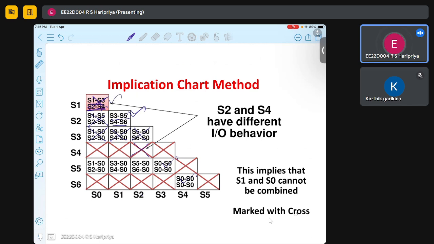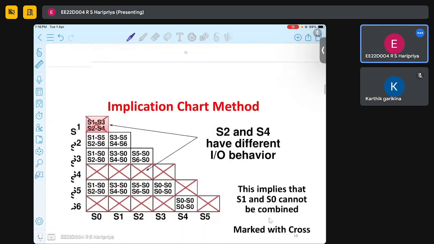So this is also not possible. Again S1 S0 is eliminated. 4 with any state is not possible. 6 with any state is not possible. So we are left with these three states, 1, 2, and 3. These are the reduced states.